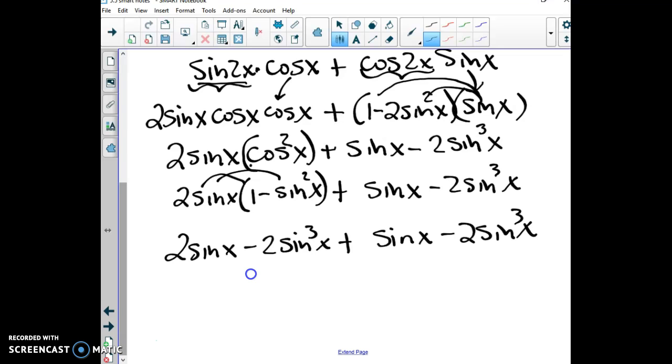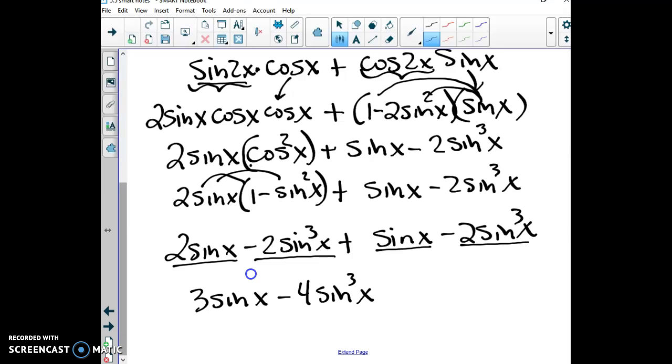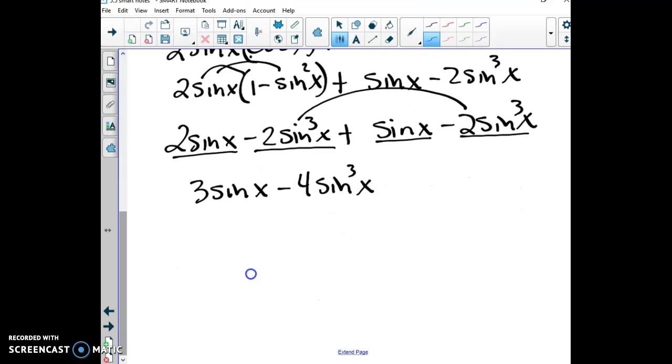And from that we can see 2 sine x plus sine x gives us 3 sine x, and we get negative 2 minus 2 more, we get minus 4 sine cubed x. Remember, like terms are those terms that have the same variable to the exact same power. Go ahead and try number 27, and you're going to come back to part 2 on the recordings to check your solution.